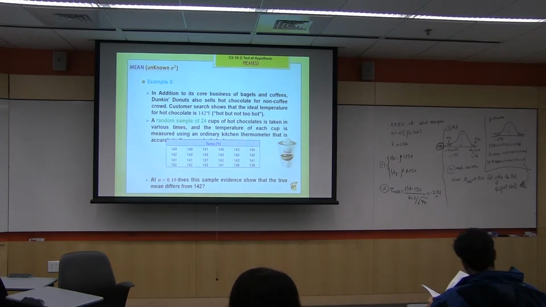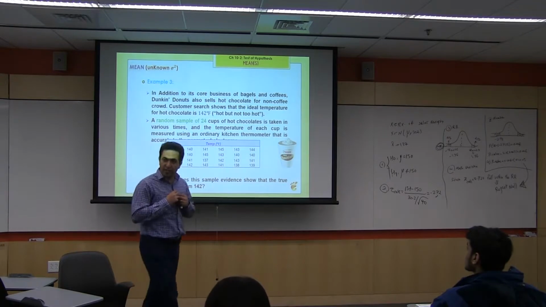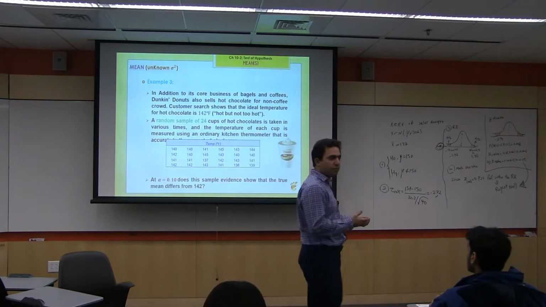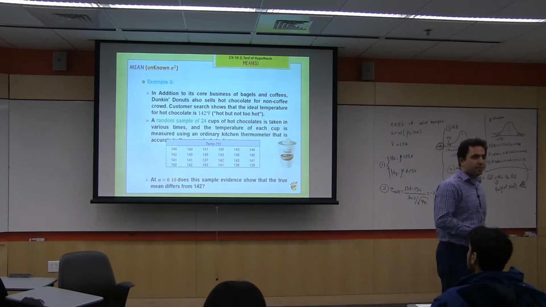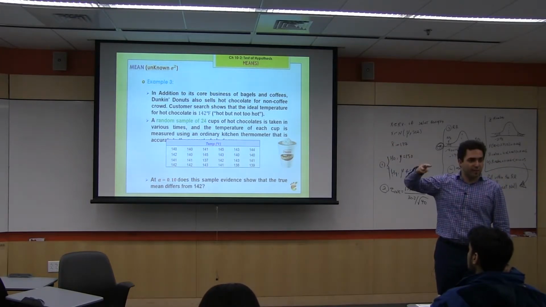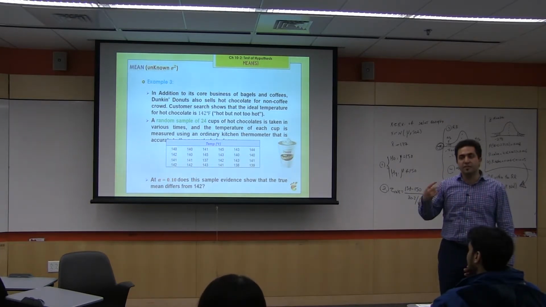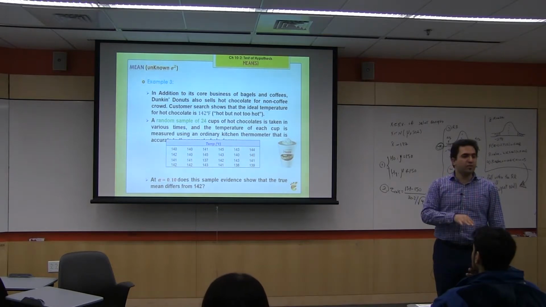We're going to run the test to figure out whether the mean differs from 142 or not. What's the type of the test? A two-tailed test. I'm just seeing whether mean is 142 or not. I gave you the data. What do you have to do? Find its mean, find its standard deviation, run the test based on the t-calc and t-distribution, just the rejection region method.